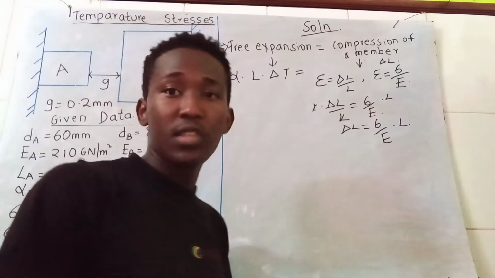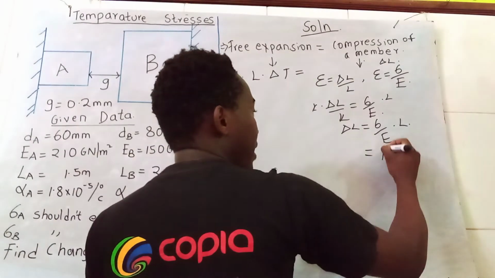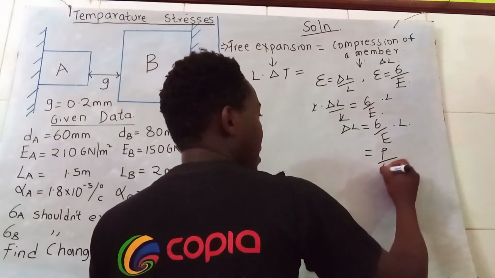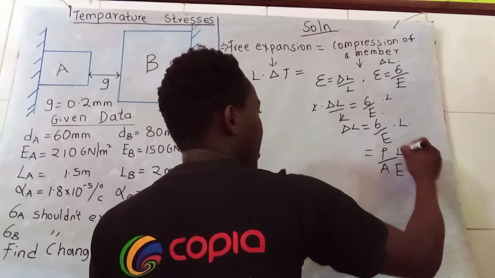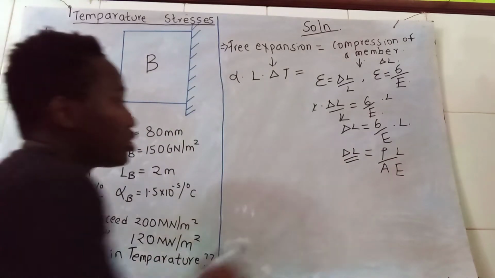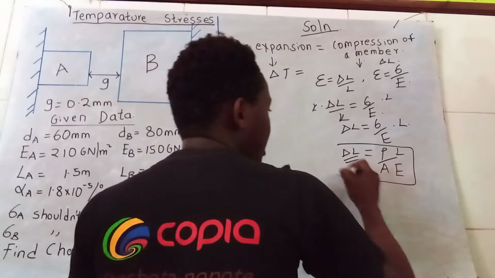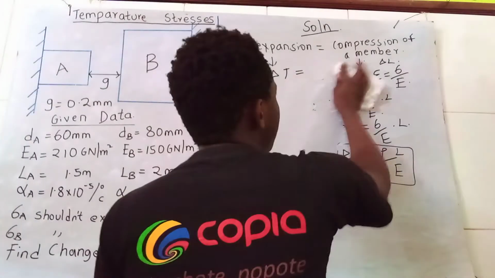Now stress is given by load over area. So that would be my load P divided by area times Young's modulus E, multiplied by L. So that is going to be my change in length.